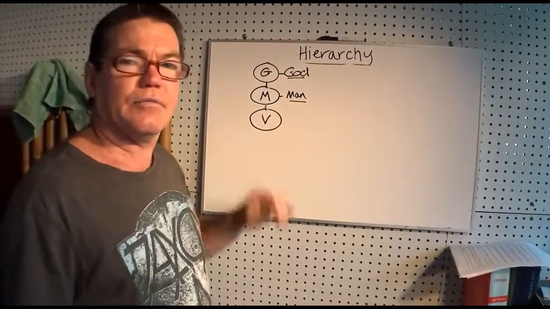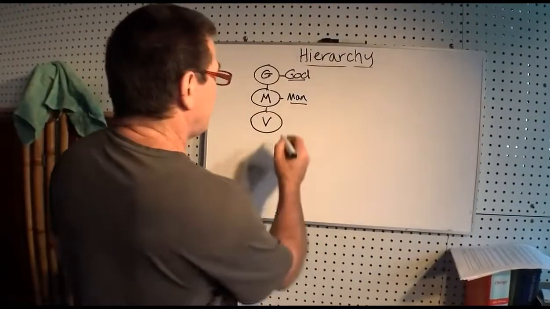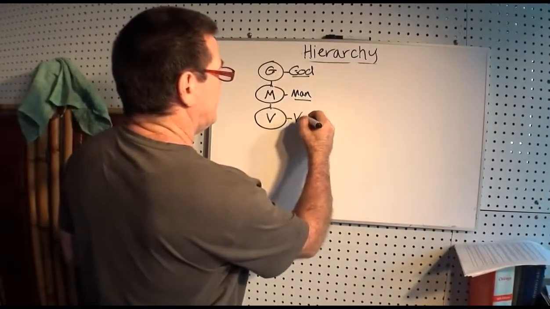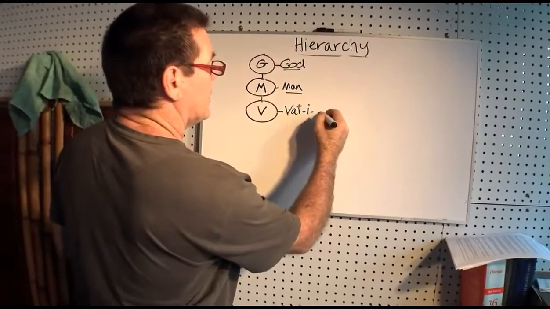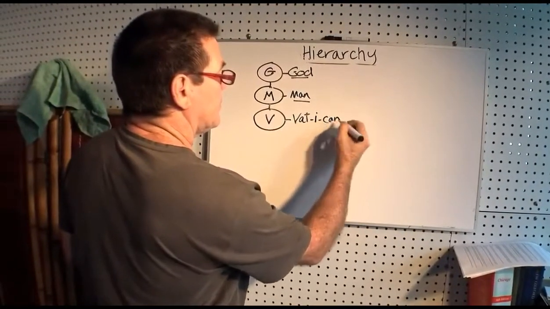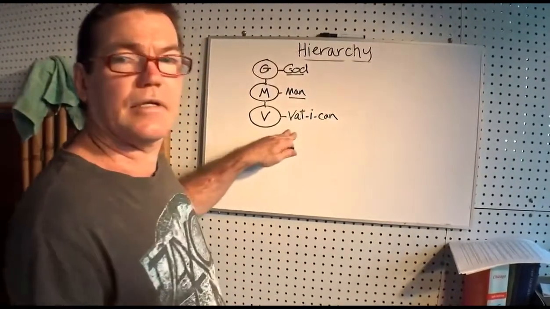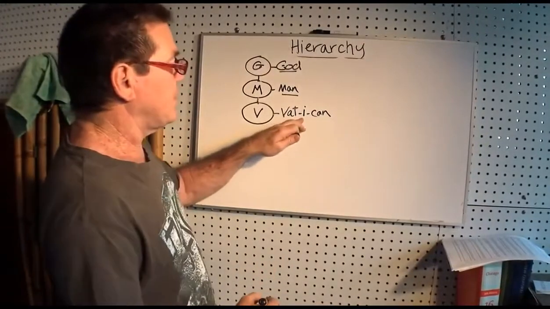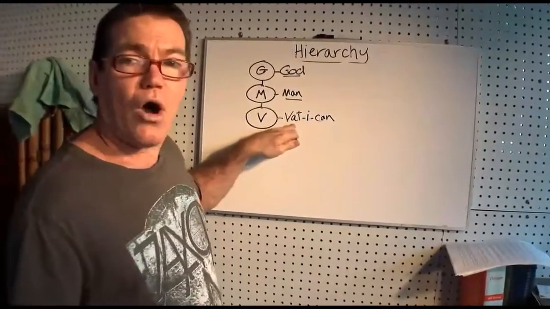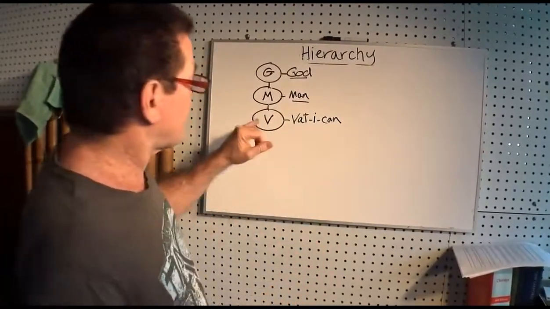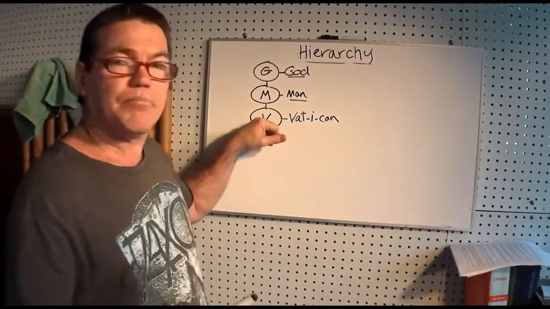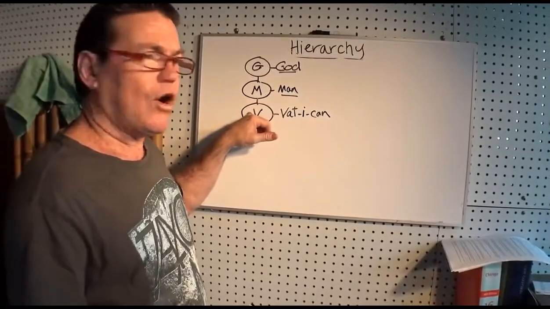But what has been offered to man is this thing here, which is called the Vatican. Vatican, which means holder I can. And that's the third rank down now.